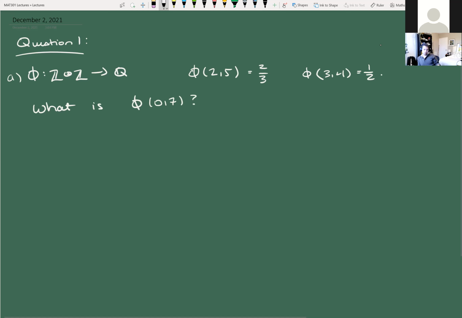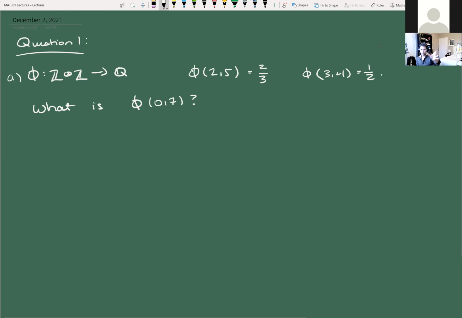Generally this question would be quite difficult. Knowing something about (2,5) and something about (3,4), as a general rule it will be impossible to infer information about any other point, unless it's basically some linear combination of these two things. Notice that we can look at Z cross Z as being almost like a vector space.